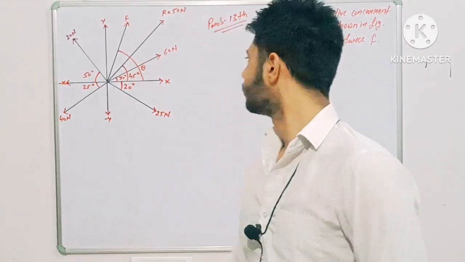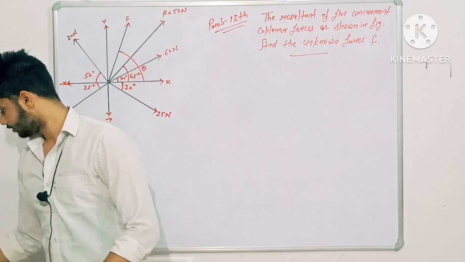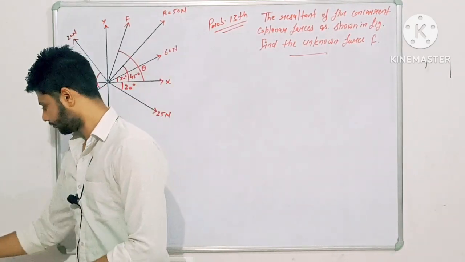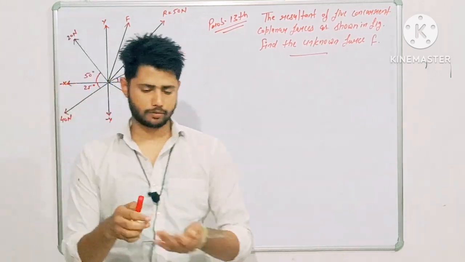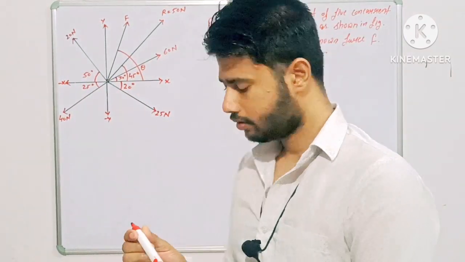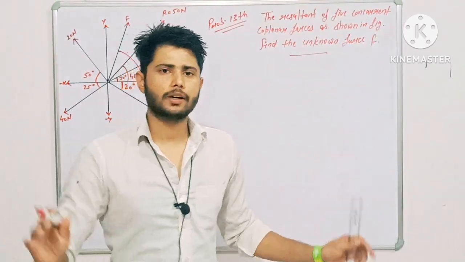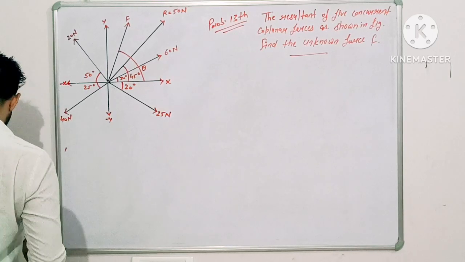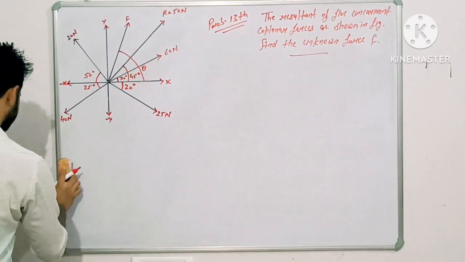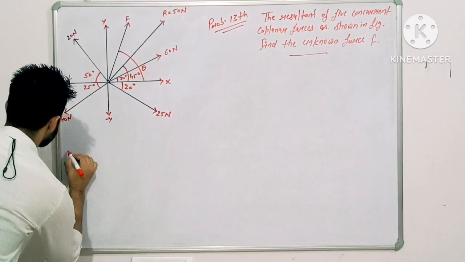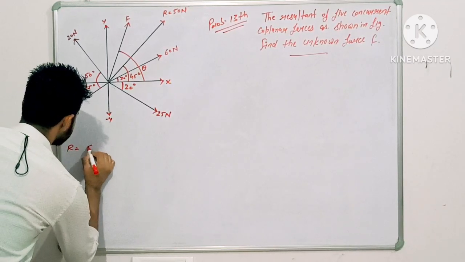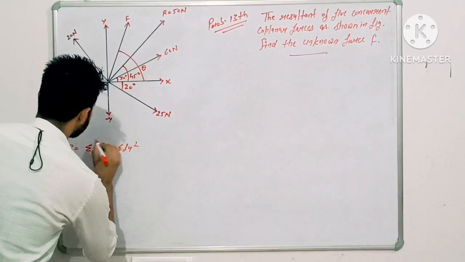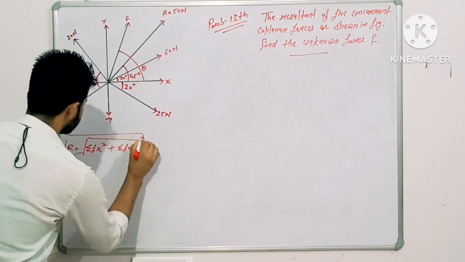Now we are trying to resolve this. According to our resultant formula, R is equal to the root of summation of Fx square plus summation of Fy square.